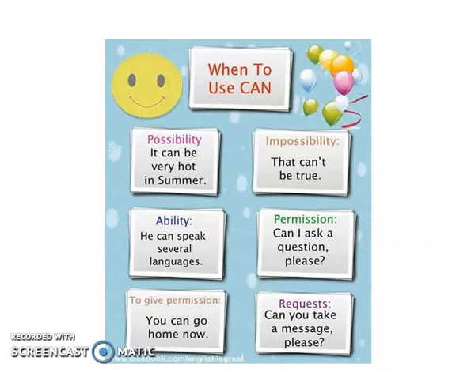When you want to show some possibility, you use the word can. But when you want to show some impossibility, you use the word cannot. The word not indicates that it is impossible, right? So this is how you use these words.